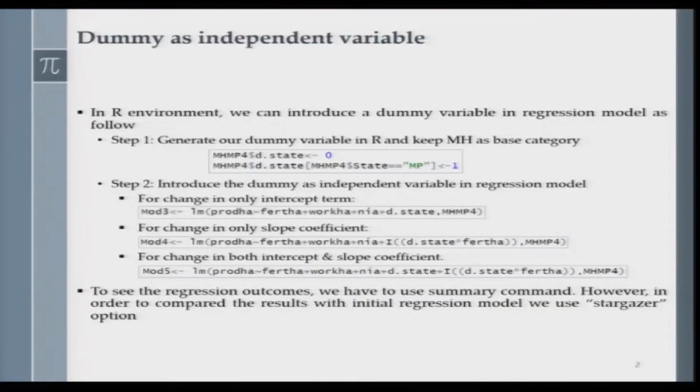Finally, the most complicated and comprehensive category of dummy analysis is that the dummy variable can impact both the intercept and the slope coefficients of the regression model. So, we are going to look at these three categories one by one. Here we are going to work with three different models.